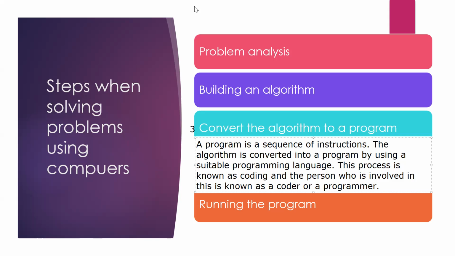Right, thanks everyone. So I hope now you know the third step. You identify input, output, and process. You build the solution. Now you wrote the program. So let's move on to the next one.